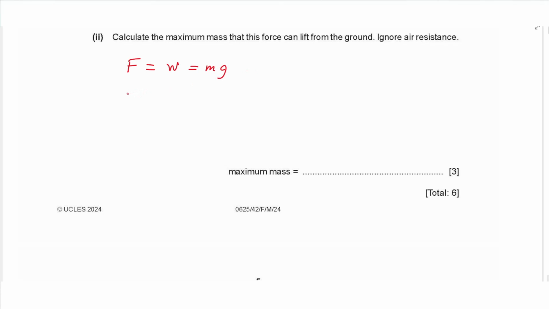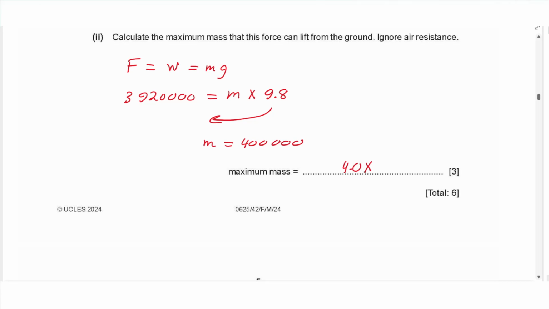So we have the calculated force of 3,920,000 is equal to the mass, which is required in the question, multiplied by g, 9.8. So to get the mass, we divide the other side by 9.8. That gives a mass of 400,000 kilograms, or we can state it in standard form. So 4.0 times 10 to the power of 5 kilograms.